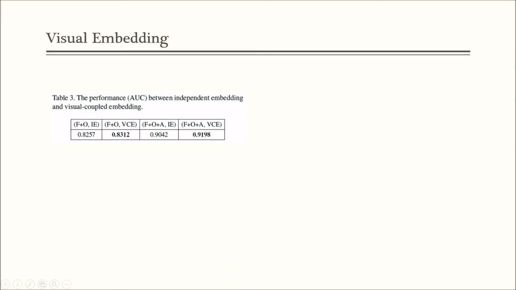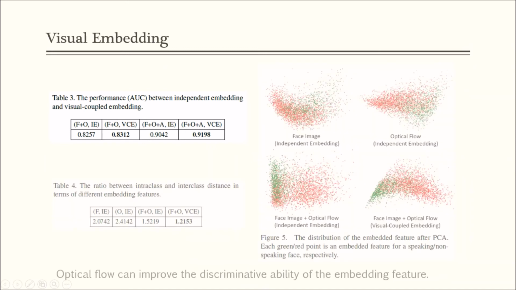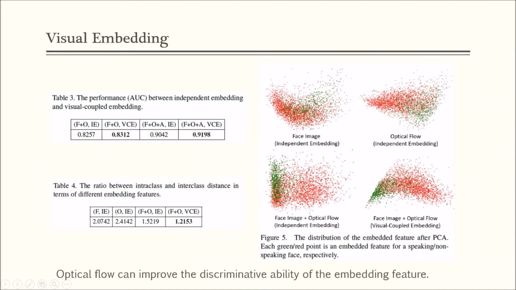To visualize the distribution of visual couple embedding and the independent embedding, we randomly select 3,800 embedding features from the test set and project them to the 2D space. Table 4 quantifies the separability of different embedding features in terms of the ratio between intraclass and interclass distance.